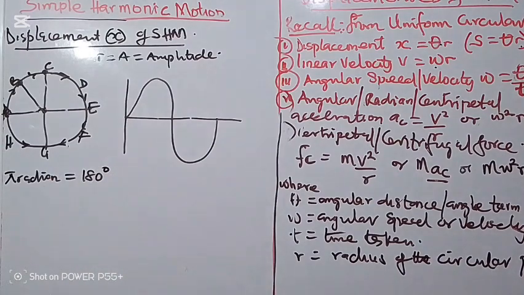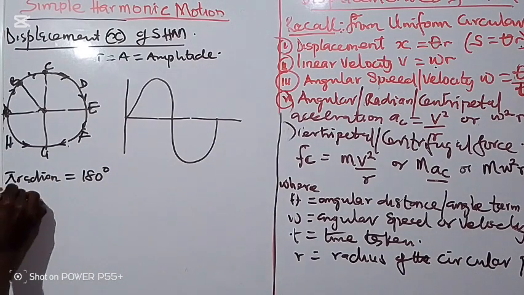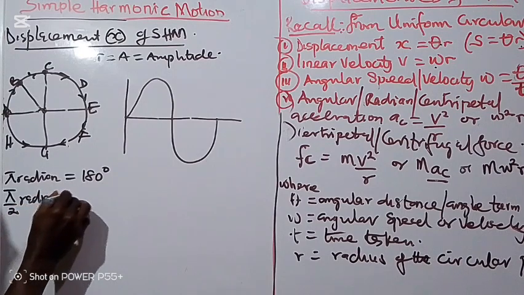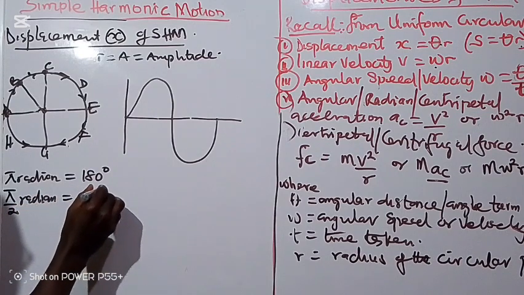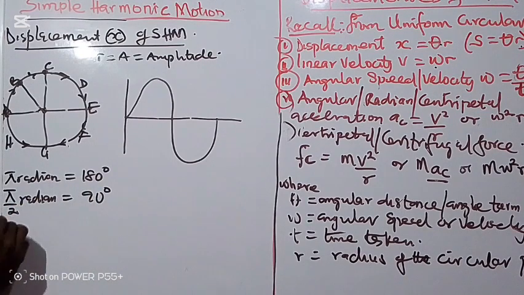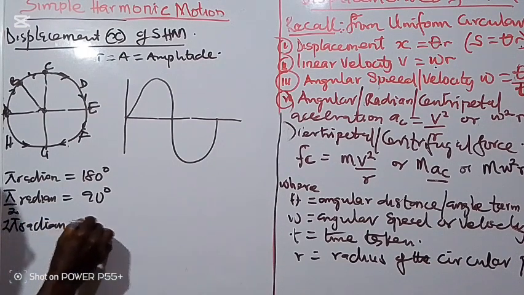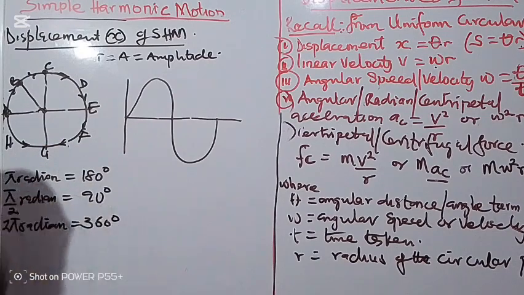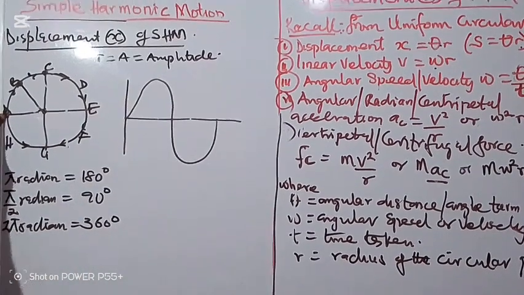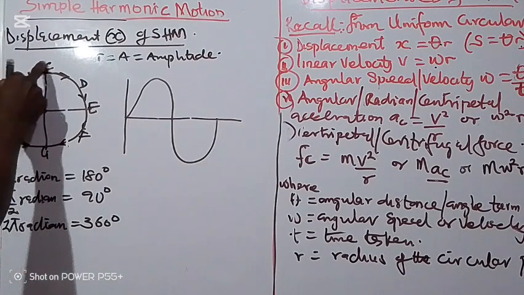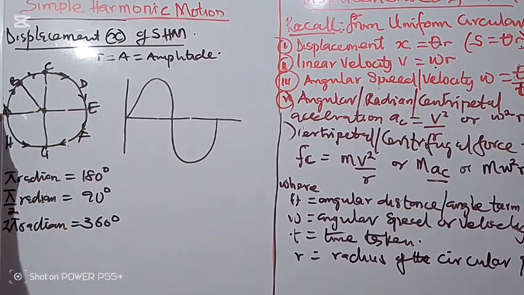Therefore pi over 2 radian will be equal to 90 degrees, and 2 pi radian is equivalent to 360 degrees. When an object starts its motion from here and comes back, the complete oscillation is done.